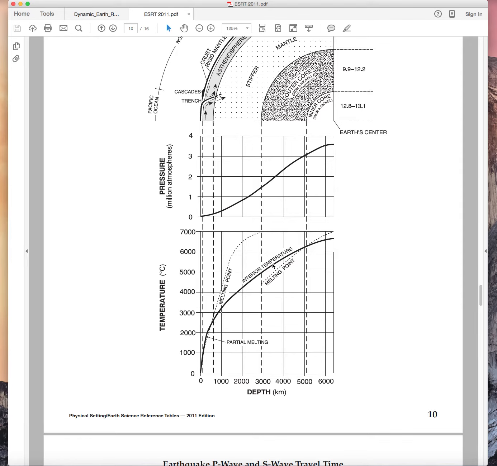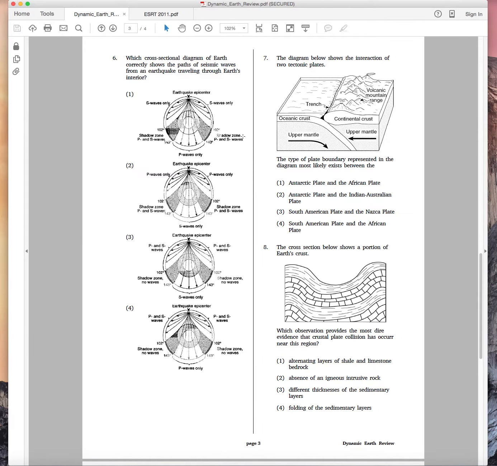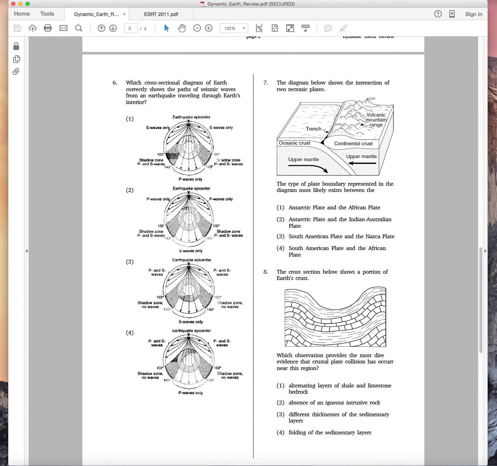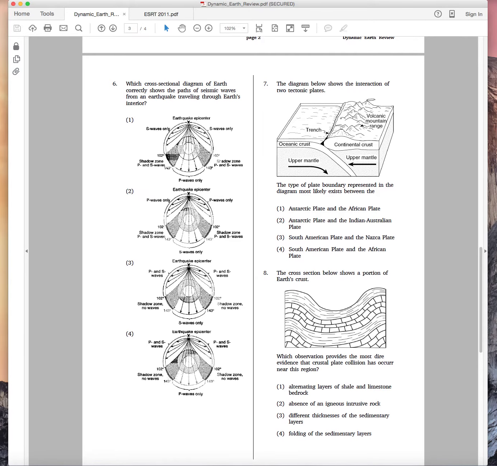The temperature is above that melting point, so it's going to melt, liquid. So the mantle is a solid, so we should have P waves and S waves traveling through the mantle on both sides.